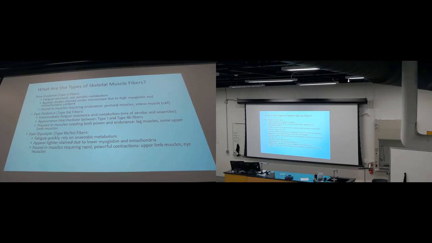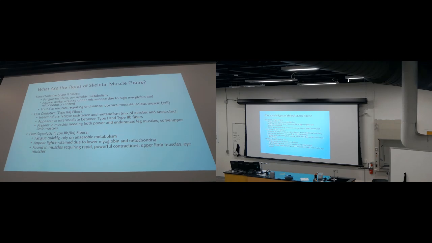So where do we have these type 1 fibers? We have them in the muscles of our back, in the soleus muscles that help carry the weight of our body in a way. And then we have type 2A fibers, which are fast oxidative.